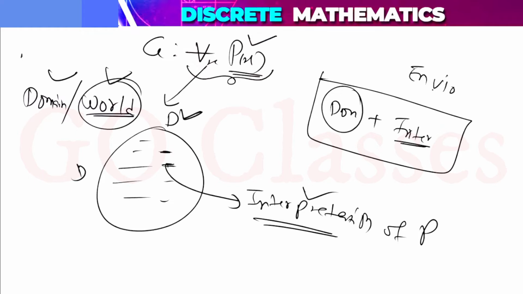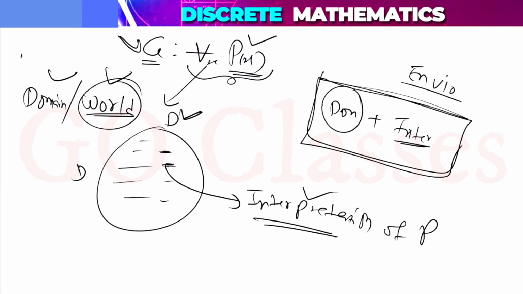So I will say that in this environment, what is the truth value of G? Because if you have this much information, then you can very easily answer what the truth value of G is.